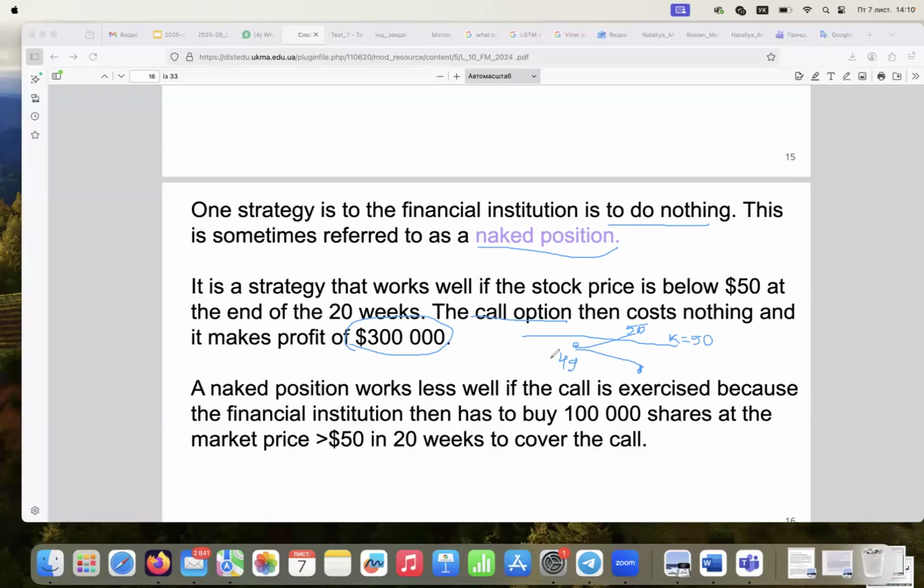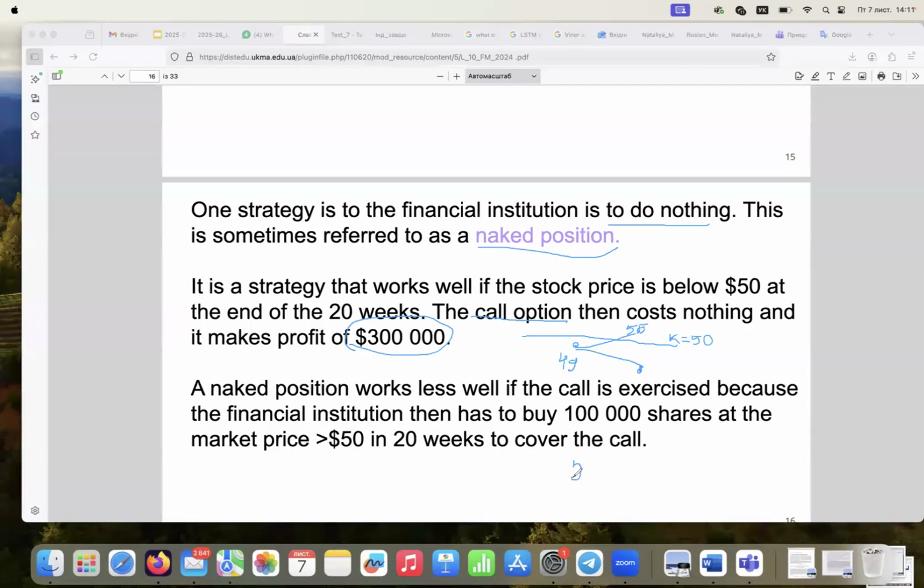But what should happen if this price is more than 50 in the up scenario, for example 55? The financial institution in this case needs to pay everyone how much per the payoff function? 5. So we need to pay 5 for every share.